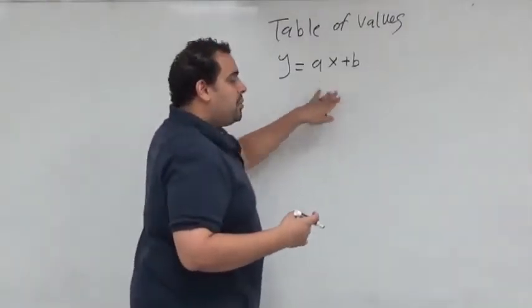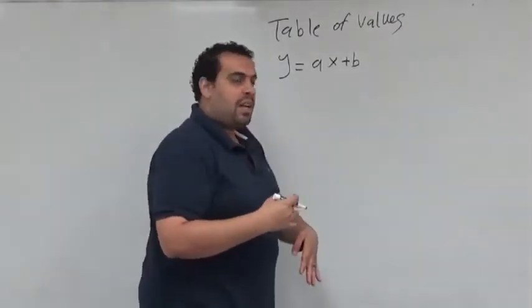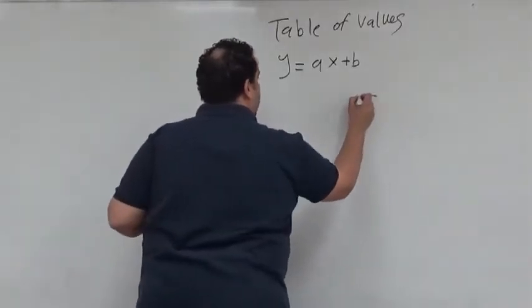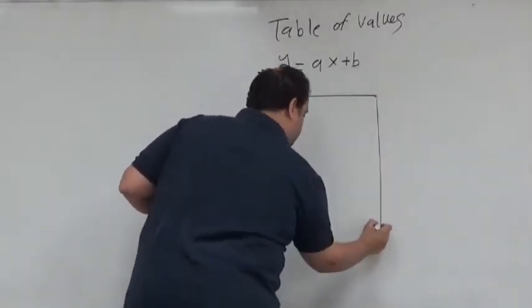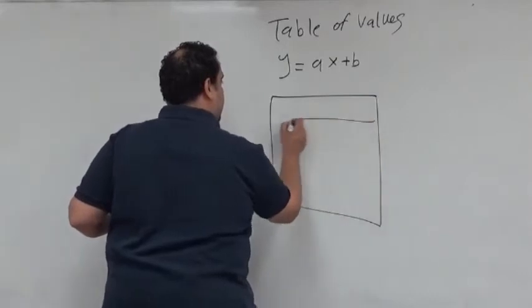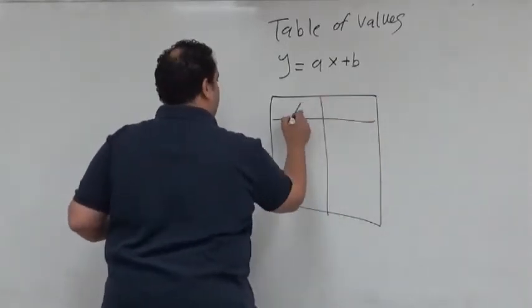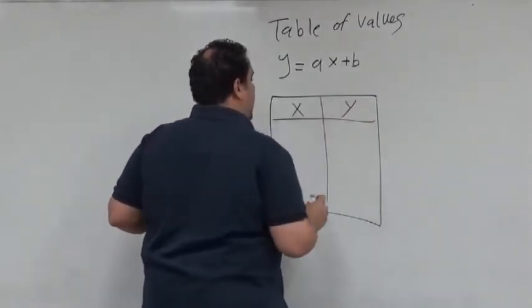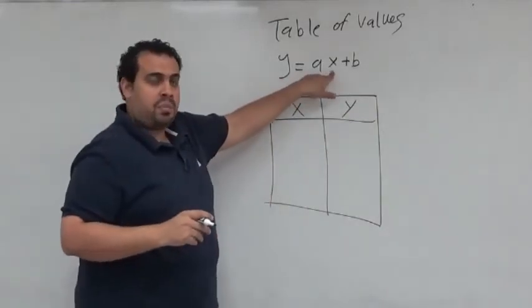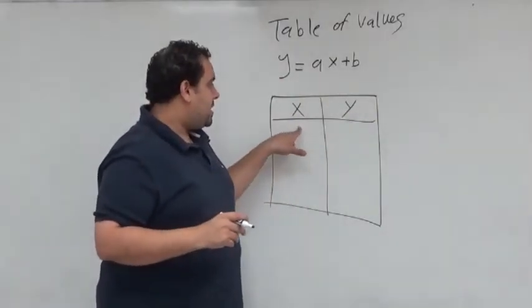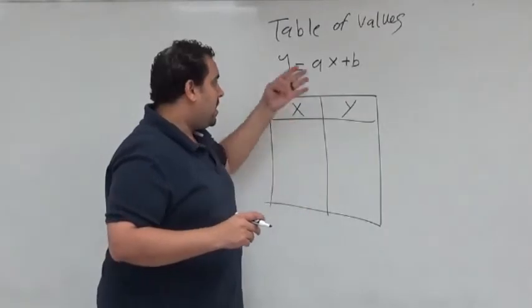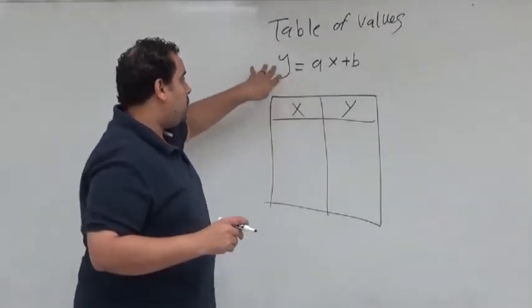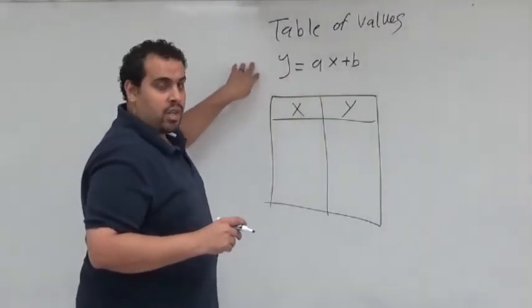Variables have different values, and this is the idea of the table. So a table of values consists of x and y. We said x is input, which means we will place values for x. Then after I solve the equation, it will give me a result, a value for y.